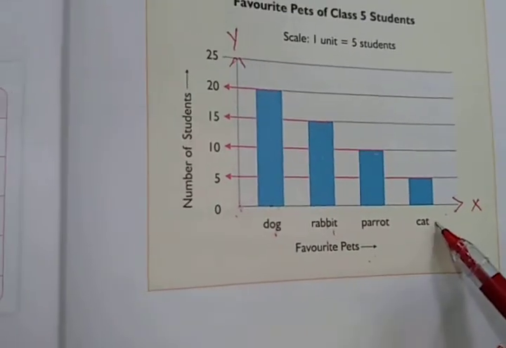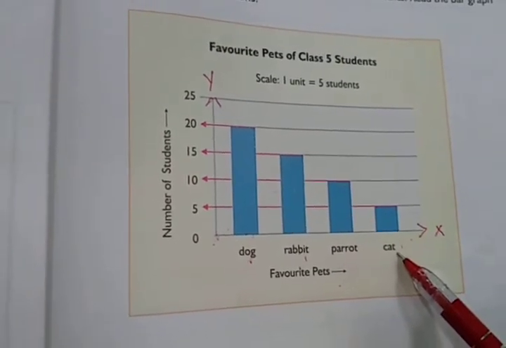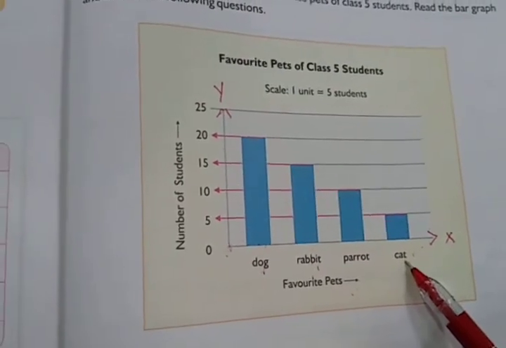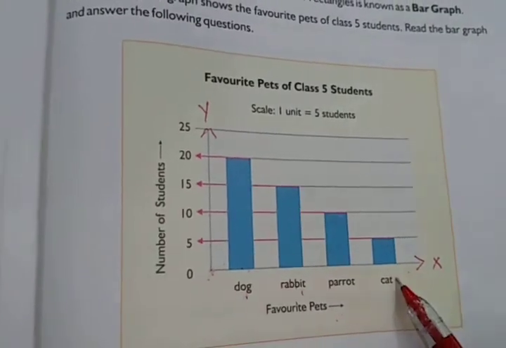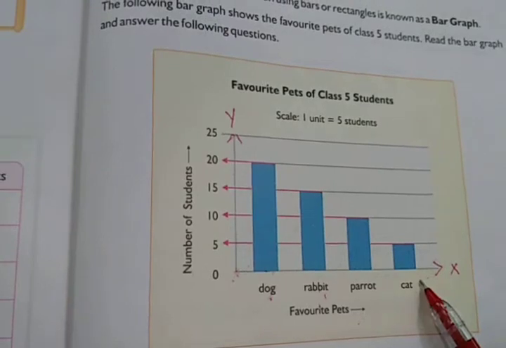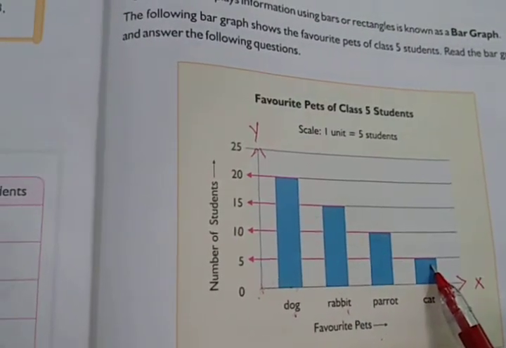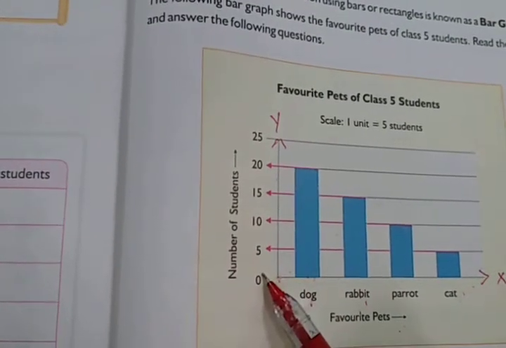Then here it is cat. So, cat is the favorite pet of how many students? You will see the arrow at the top of the rectangle corresponding to the cat touches the number 5.